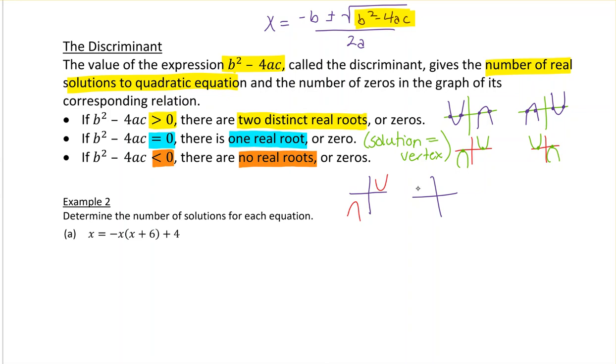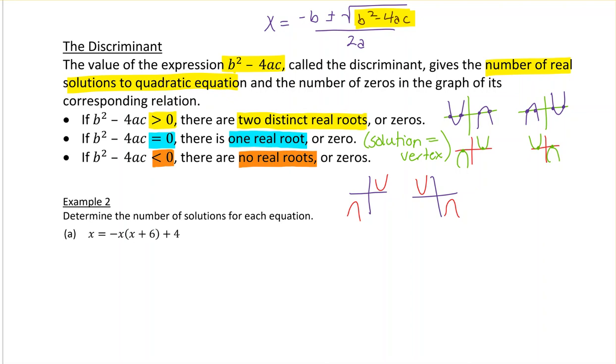There are multiple ways that this never crosses the x-axis. So you can see here that I've drawn rough sketches for when we have 2 solutions, 1 solution, where it would be the vertex, and no solutions, just because it does not cross the x-axis.